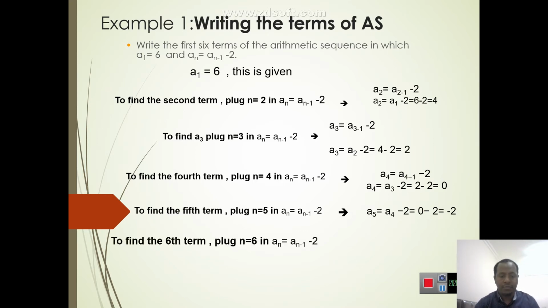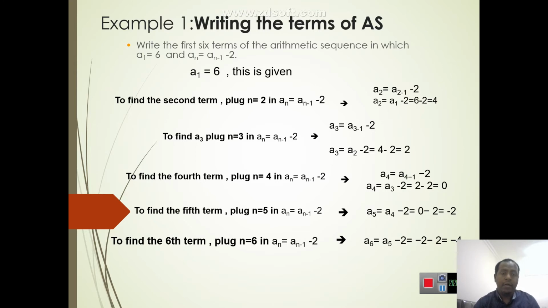The same thing you'll do to find the sixth term. The sixth term will be negative 2 minus 2, which is negative 4. So this is example 1 in your textbook. Please practice checkpoint 1 from the textbook, and if you have any questions, you can discuss on our Schoology program.